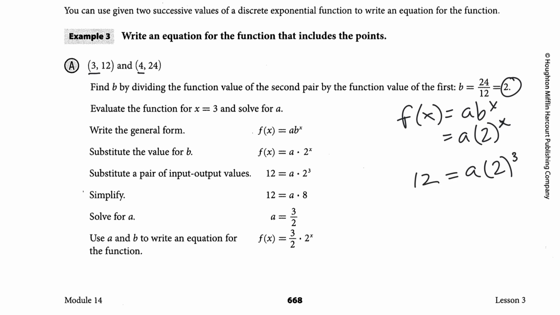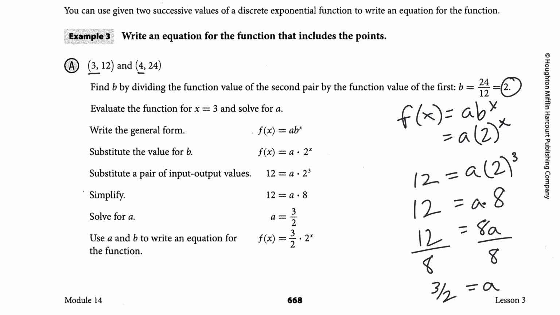So 2 to the third power is 8. And that can be rewritten as 8a equals 12. Then they divide both sides by 8, and they found that a is 3 over 2. Then they rewrote it as the function, filling in the a value they found and the b value that they found.